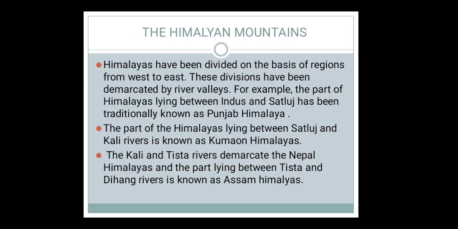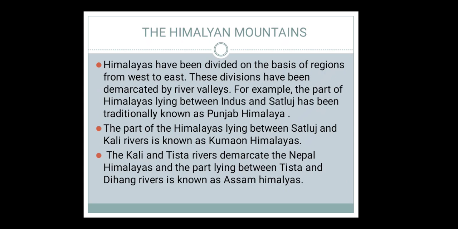Next, if we divide the Himalayas on the basis of regions, from west to east, then the division can be on the basis of river valleys. For example, the part of the Himalayas lying between Indus and Satluj is known as Punjab Himalayas.